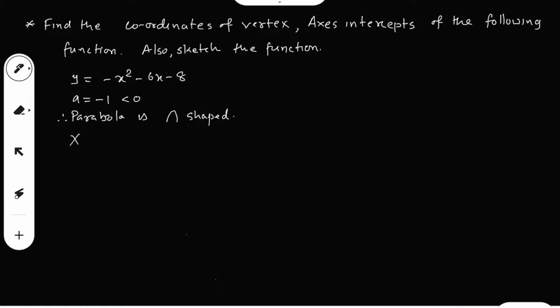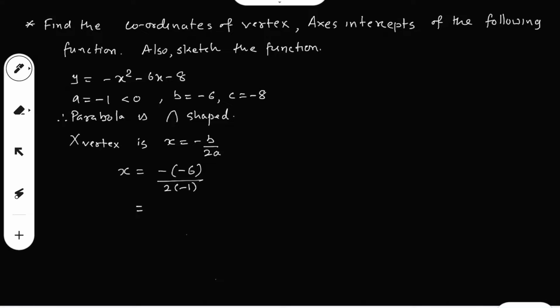So first we go for the x coordinate of the vertex. The x coordinate of the vertex, if you remember, is given by x equals minus b over 2a. So we also write down the value of b and c, they will be useful. So here the x coordinate of the vertex is minus b over 2a. So this is going to be negative of negative 6 upon 2 into negative 1.